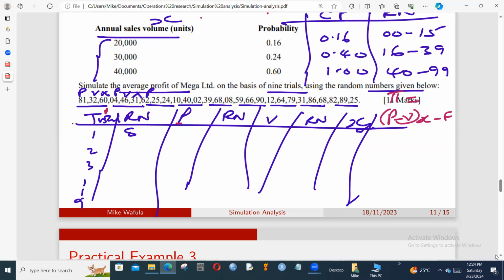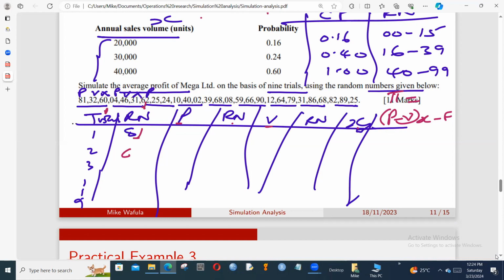Then we have the selling price, random number. We have the variable cost, random number. Then we have the annual sales volume or number of units. Let's fill those columns. So the first one here I said is going to be 81.